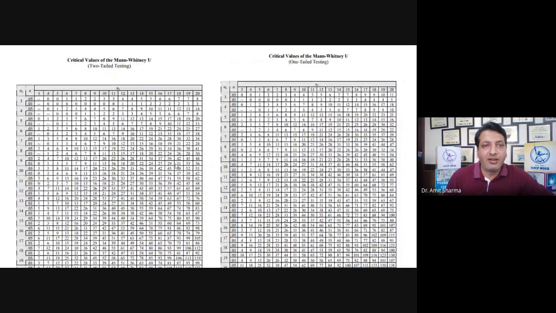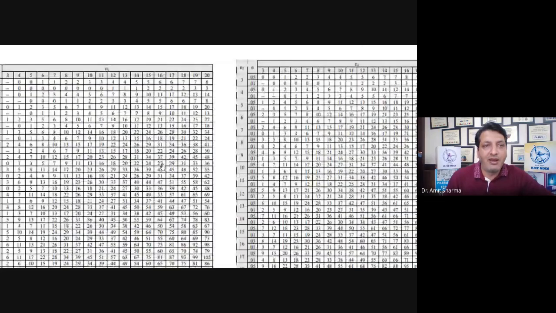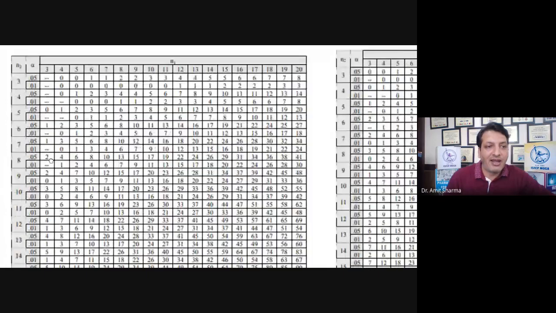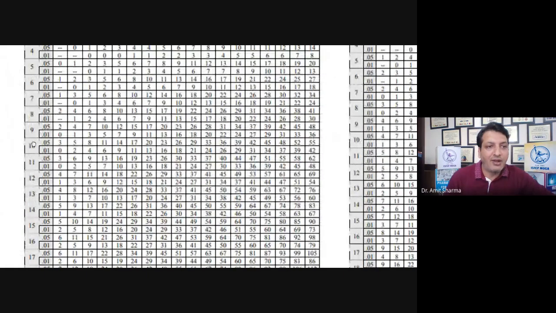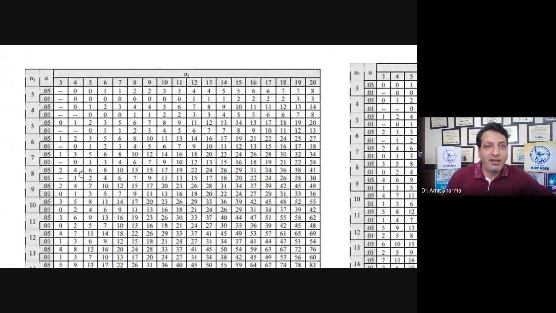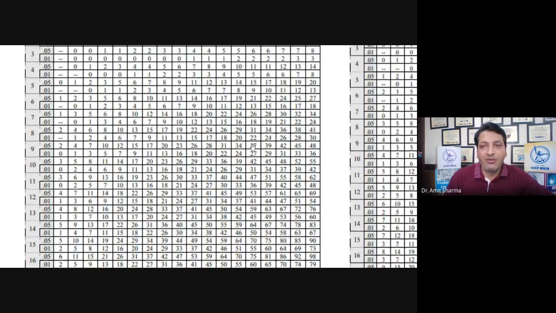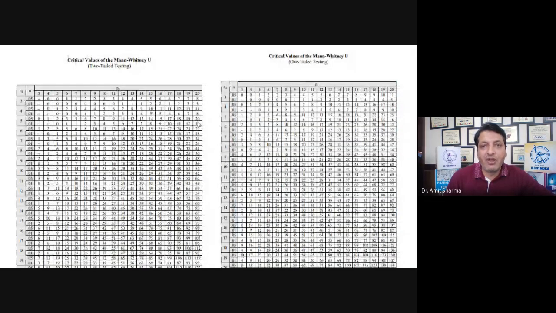This is the Mann-Whitney U table. On the top you can see n1, and on the right-hand side you can see n2. We have found 17 for male and 3 for female, so you have to compare these values in the table.